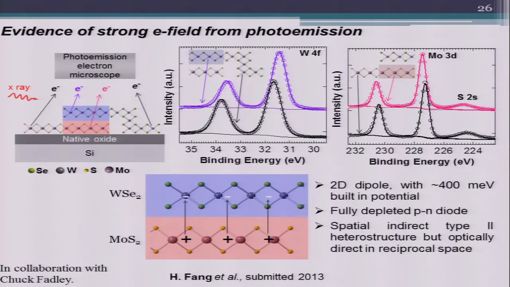We were able to observe a 2D dipole effectively with a built-in potential of about 400 millielectron volt. The moly sulfide monolayer is positively charged, and the tungsten diselenide monolayer is negatively charged. This potential difference of 400 millielectron volt is within a single monolayer, or that van der Waals gap. So the electric field is gigantic in this structure.